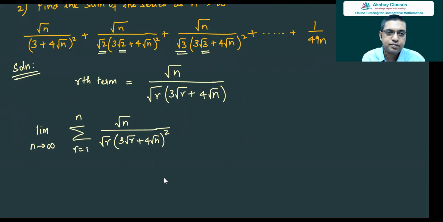Now I have to get expressions of r upon n, and 1 by n I have to get separately. So r upon n I'll get here. I will take this under root n outside the bracket.